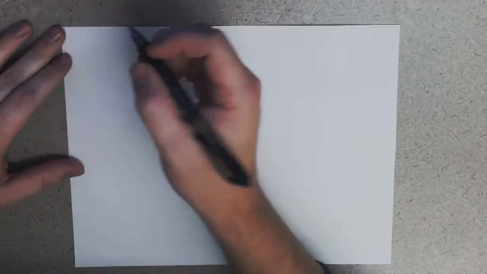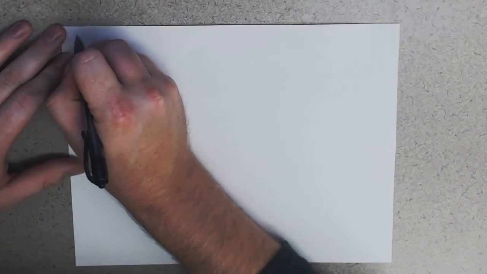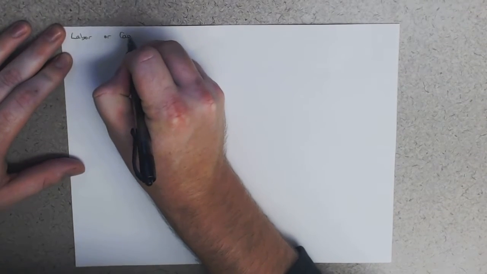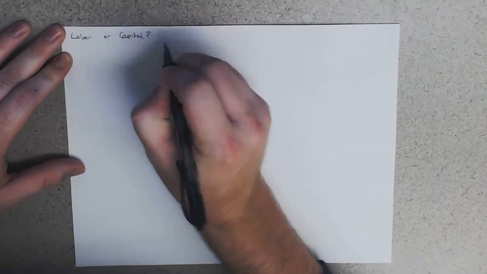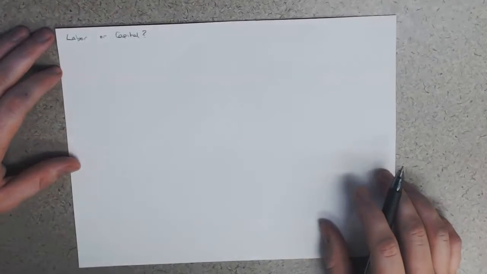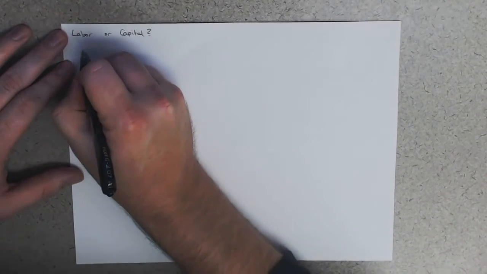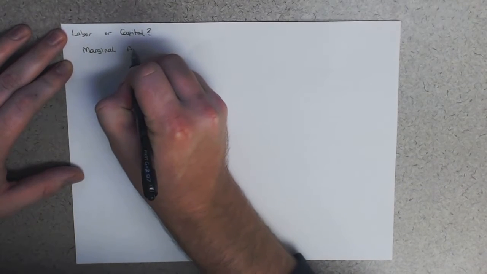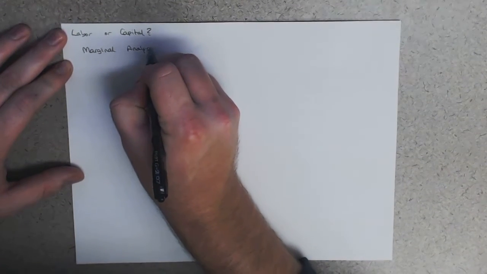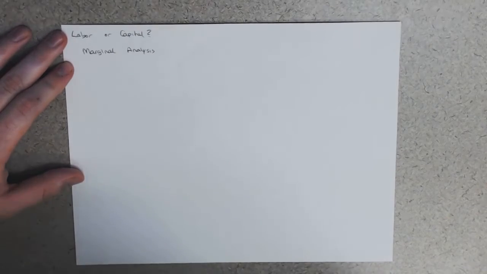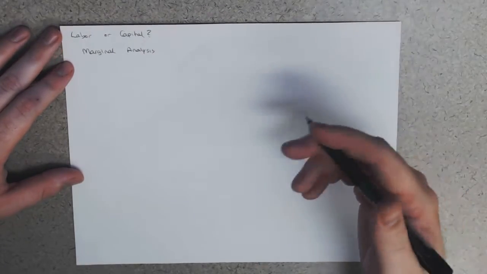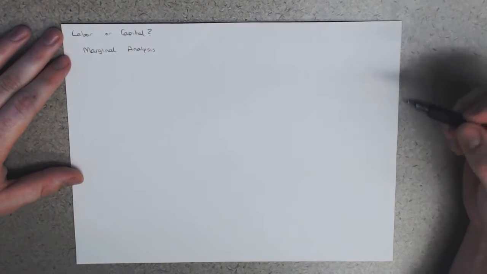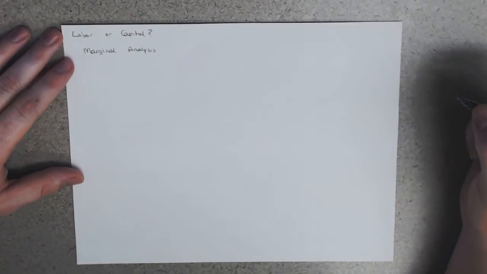And so one thing when we're trying to decide, should we hire labor or capital, right? Assuming that we're trying to expand our output, is something that we can call marginal analysis. Okay, and so what we're fundamentally concerned with is the marginal productivity of labor or the marginal productivity of capital.